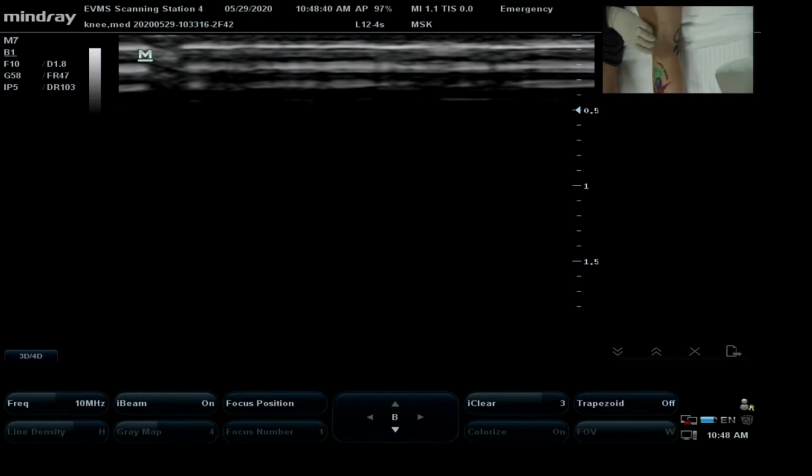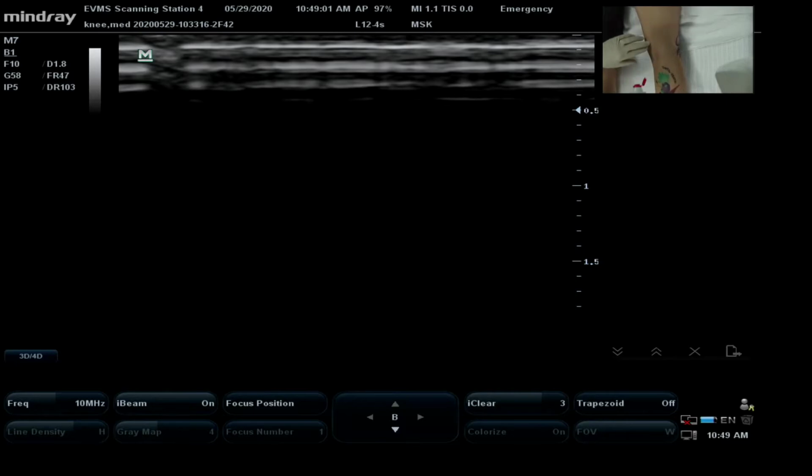As they come down on the medial side, you're going to have your semitendinosus, semimembranosus, and on the lateral side, you're going to have your biceps femoris. And that makes this triangular area that hides our popliteal structures, the artery, vein, and the tibial nerve.